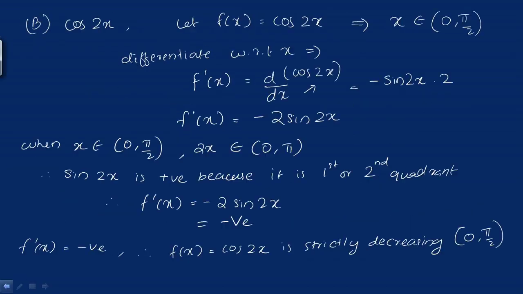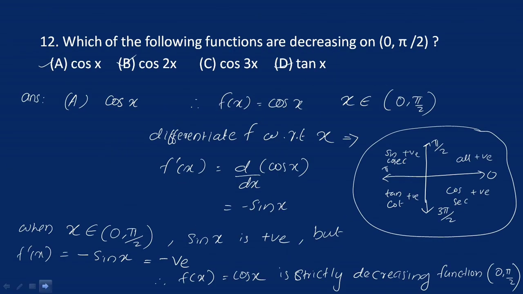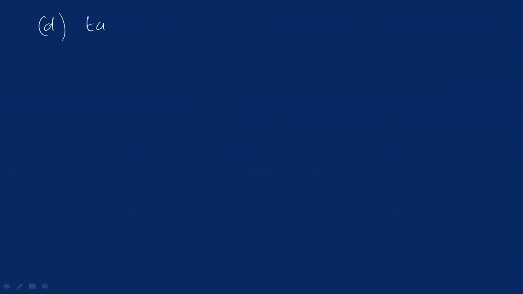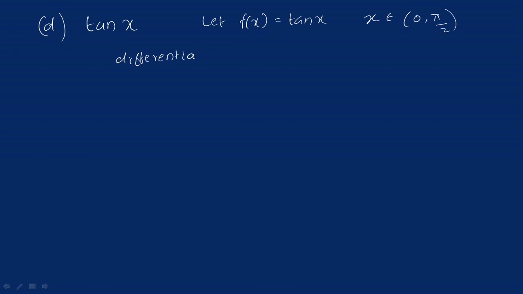Next is D part of the question, that is tan x. Let us consider f of x equal to tan x, where x belongs to the interval 0 to pi by 2. Differentiating f of x with respect to x, we have f dash of x equal to d by dx of tan x. What is d by dx of tan x?